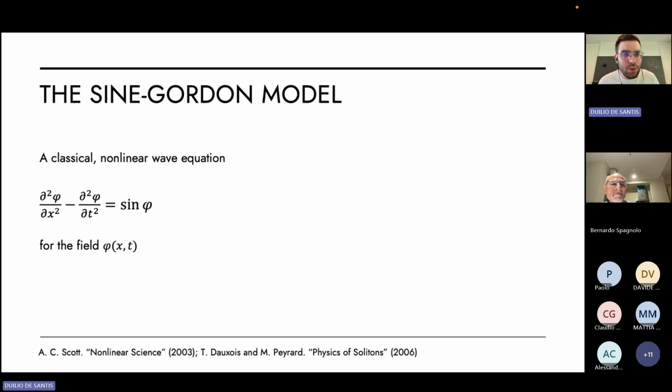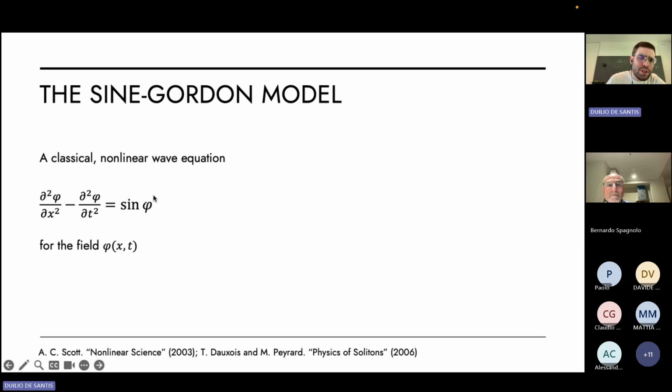So the sine-Gordon model is one of the most important models where we can study solitons, and in its simplest form, the sine-Gordon model is a classical nonlinear wave equation. You can see on the left-hand side we have these wave equation terms, and on the right side we have a source term.